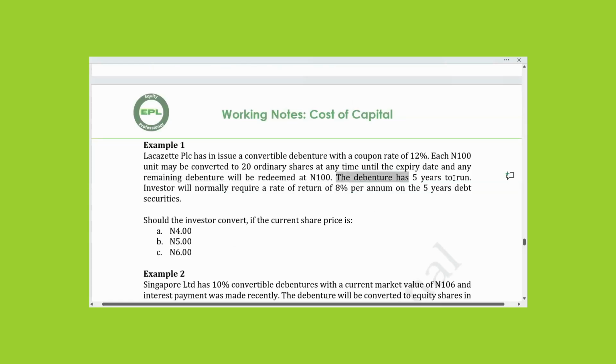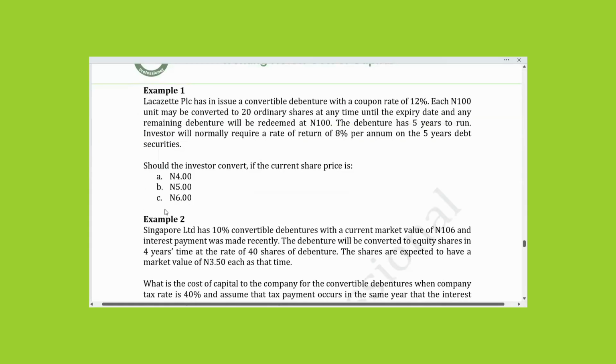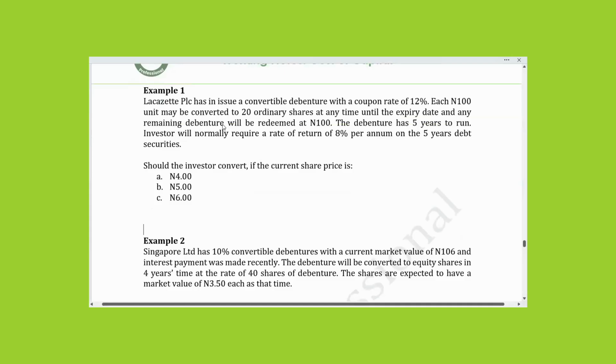Investor will normally require a rate of return of 8% per annum on the 5 years debt securities. Should the investor convert if the current share price is A, 4 naira, B, 5 naira, C, 6 naira? Thank you very much. That is the question.